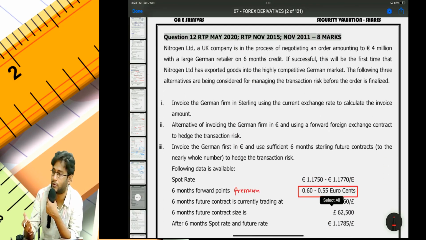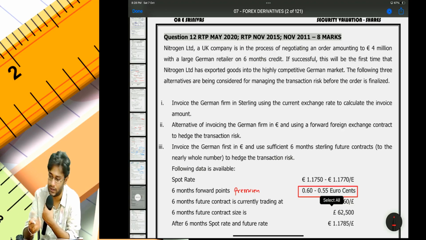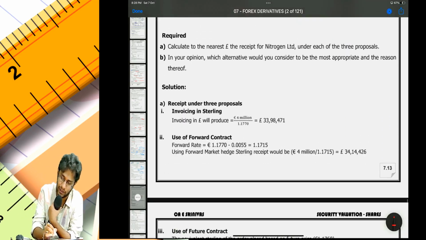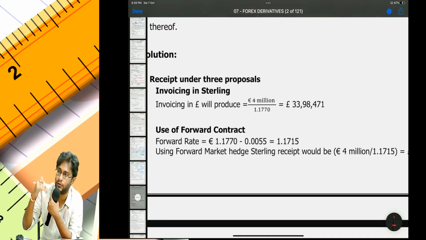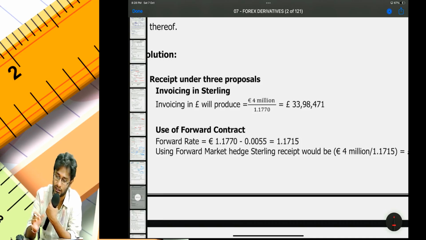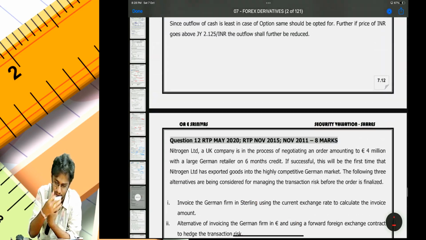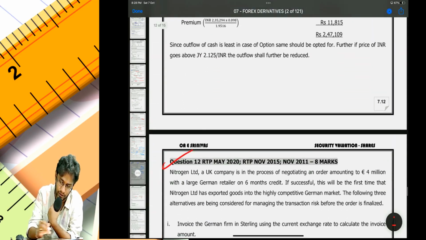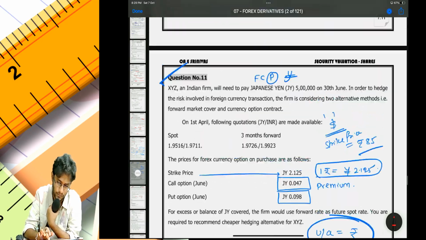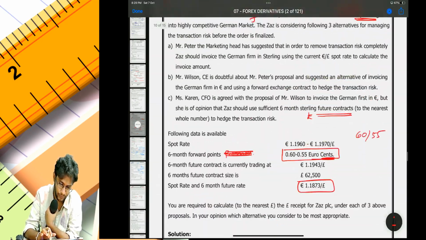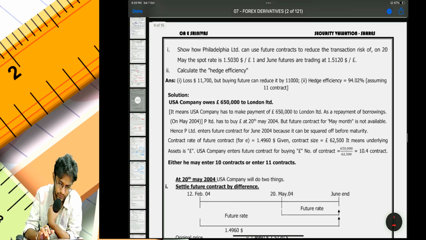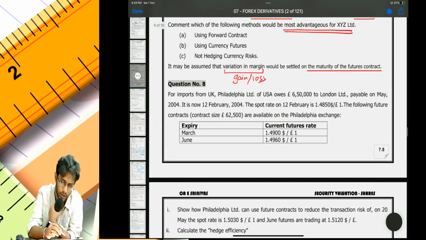Of course, what is there today in study mat is reverse of this. In that case, simple: while calculating forward rate, instead of minusing, you have to add. That's the only difference that will come. Anyway, the answer is correct. So go through it. It's the same stuff. You can write here, same as the previous question. One more question where he's asking hedge efficiency. Come to question number 8.